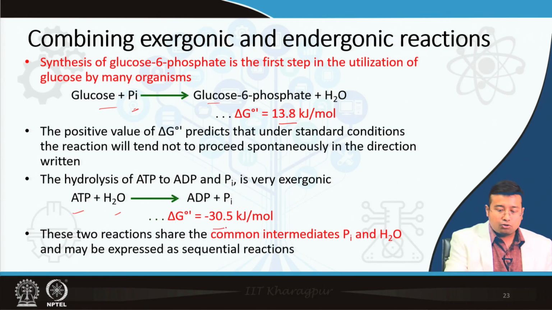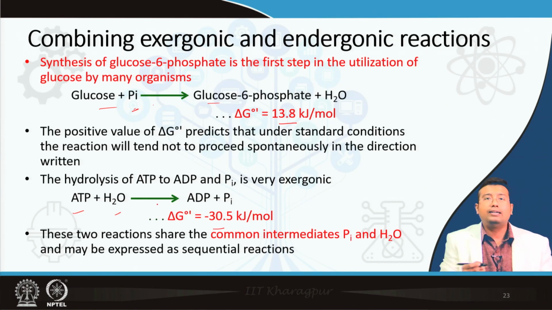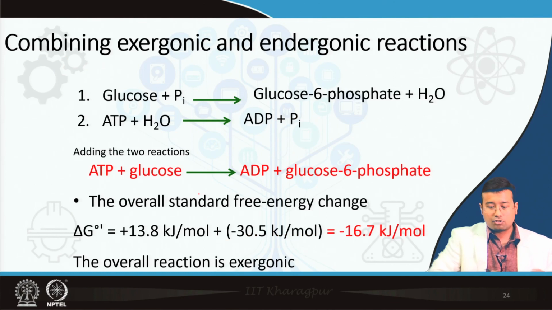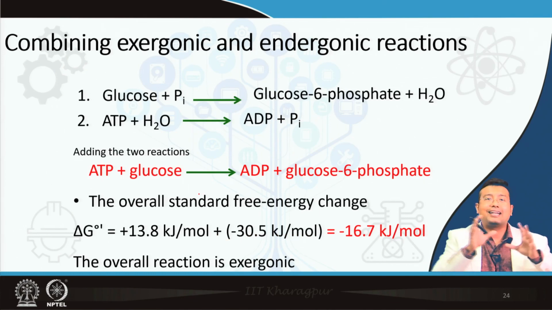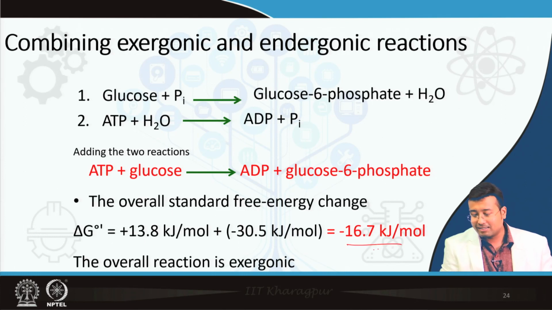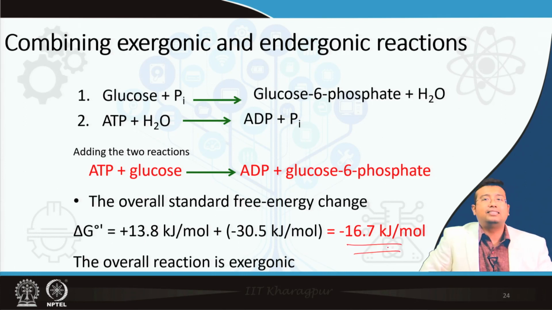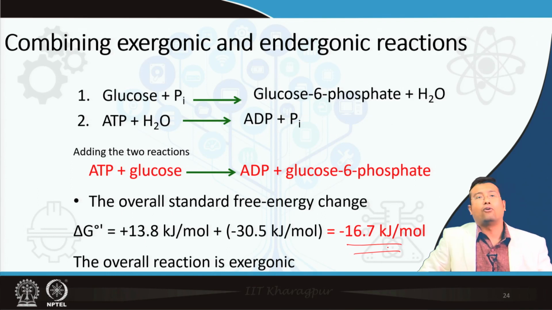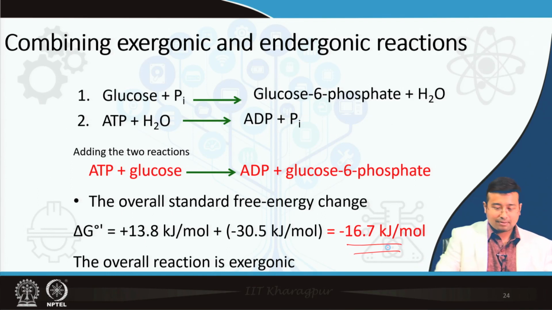Since these two reactions have a common intermediate, that is inorganic phosphate, these two can easily be combined. And now the beauty of the law of thermodynamics is this: the resultant free energy change is negative, the reaction is exergonic, and now we can easily go forward with the reaction.